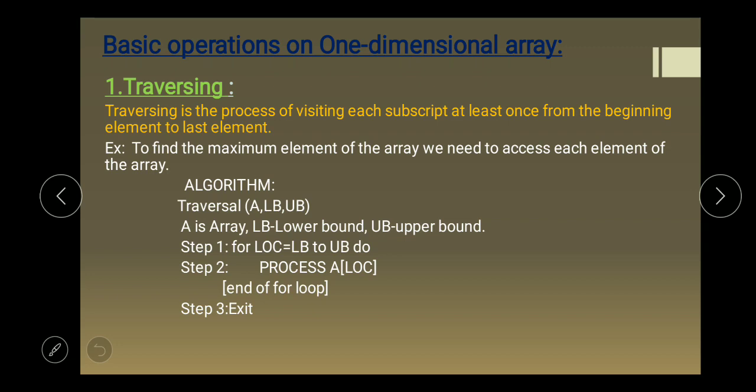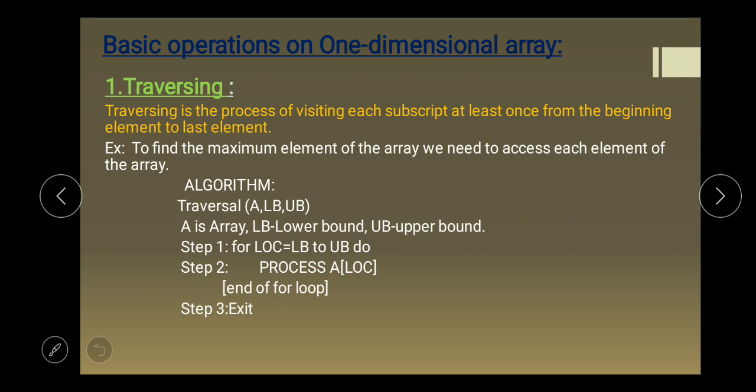Okay. Algorithm. Traversal of A, LB, UB. Here A is the array, LB is the lower bound, UB is the upper bound. Step 1, for location LOC equal to LB to UB. Here we have to repeat from LB to UB.